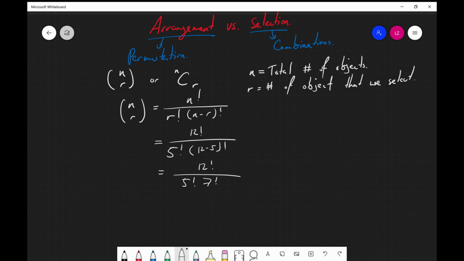Now you could plug this into your calculator and call it a day, but I'm going to open up the factorials and show you how to do it algebraically.